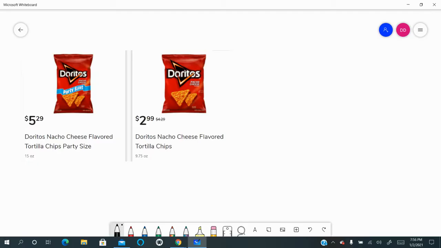So what we have to pay attention to is the number of ounces in the bag. So we're going to calculate the unit price for this one. This is $5.29. And the only way we have to compare this is by the ounces. So we're going to divide by 15 to find out the unit price of the Doritos.